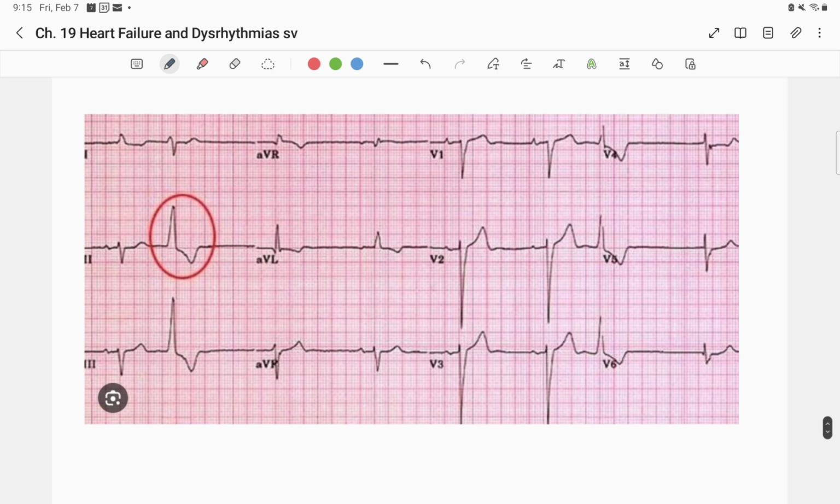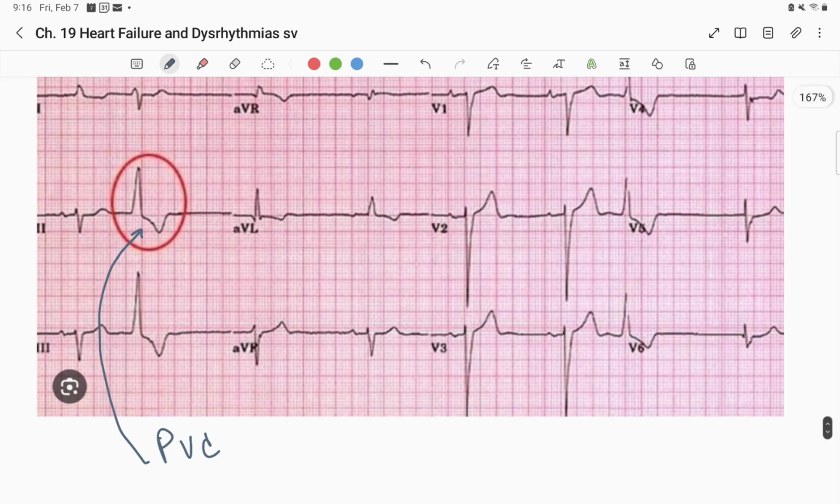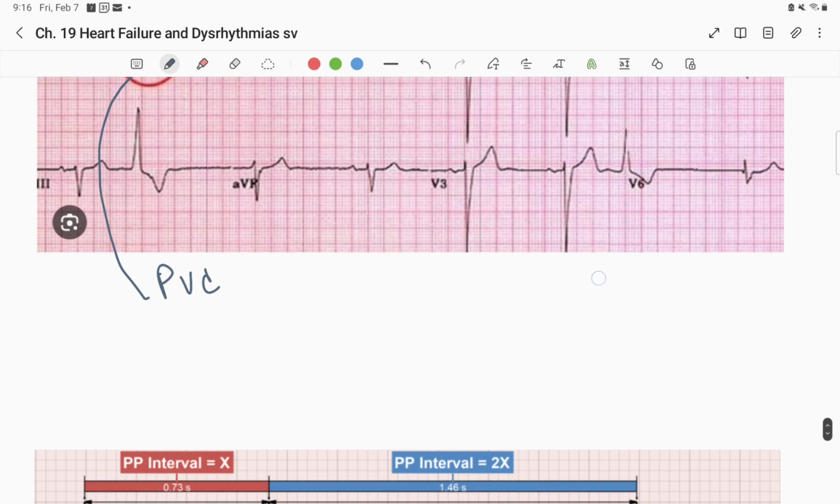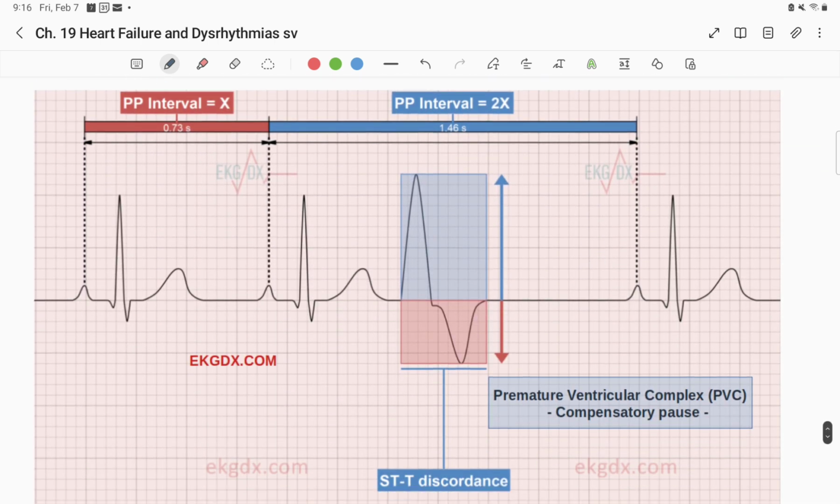Okay, then here's some EKG waves on premature ventricular contraction. Here's another picture of a premature ventricular contraction.